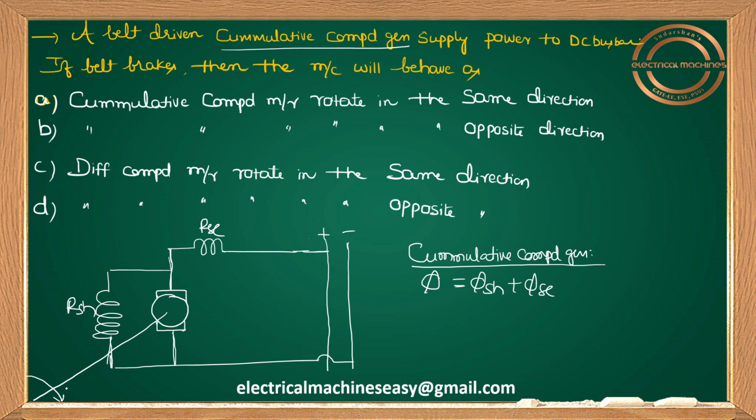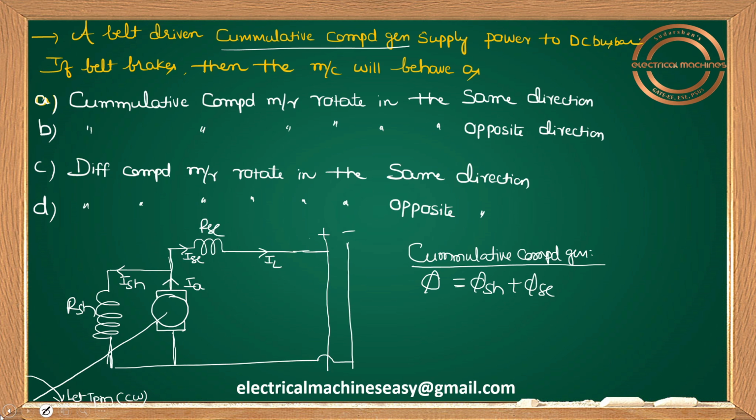If it is a generator, we have to give mechanical input in the form of prime mover torque. So let the direction of T_PM, the prime mover torque, be clockwise here. Because of the direction, EMF will be induced and I_A direction will be upwards. It's a generator, it is giving supply, so current comes from the armature and goes to the bus bar. So I_SH will be like this, and I_SC, I can say I_L, will be like this.